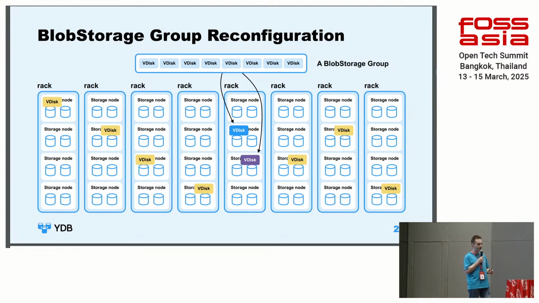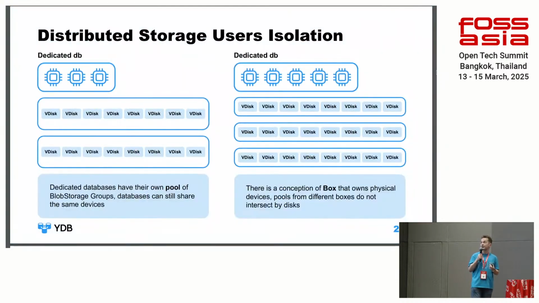So the system, in this case YDB, is responsible for moving virtual disks from a bad node, from a bad physical disk, to good disks to keep the system running. And distributed storage users are completely isolated.